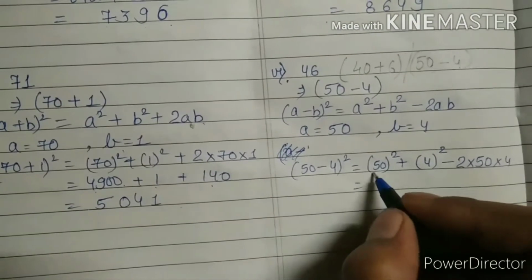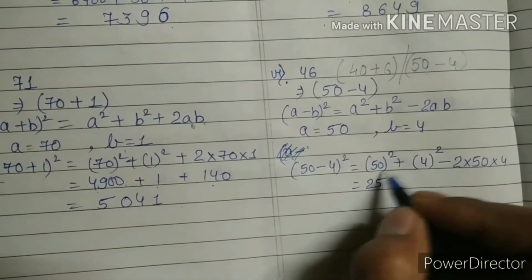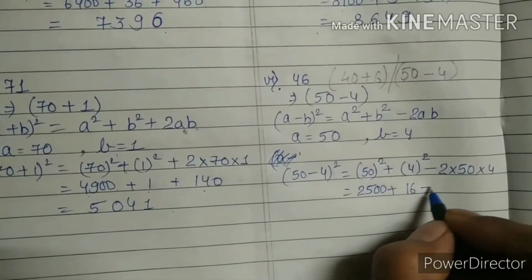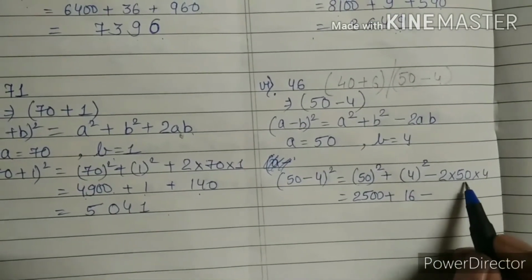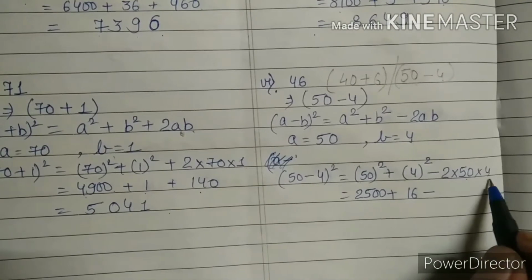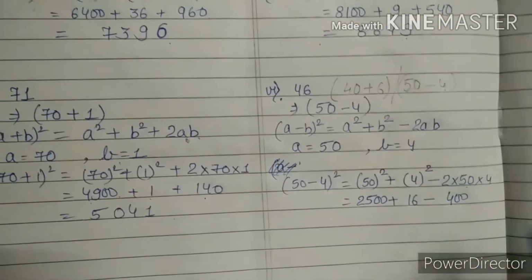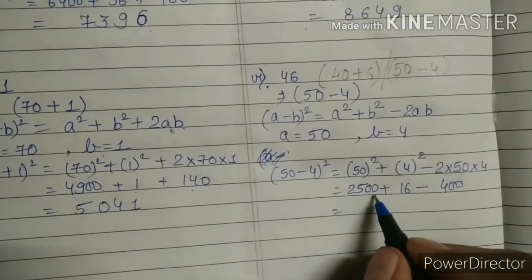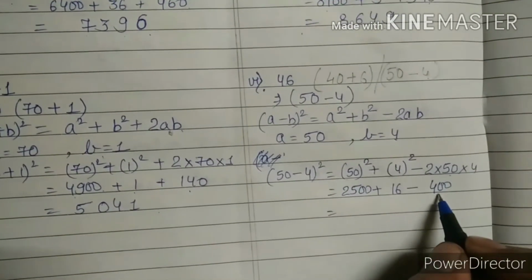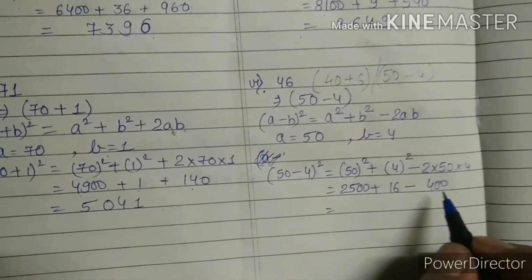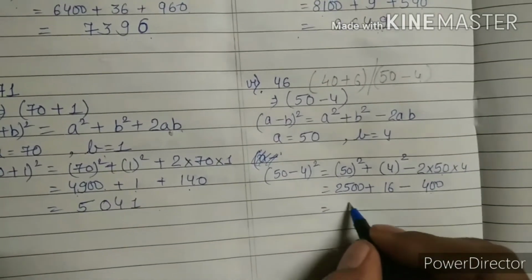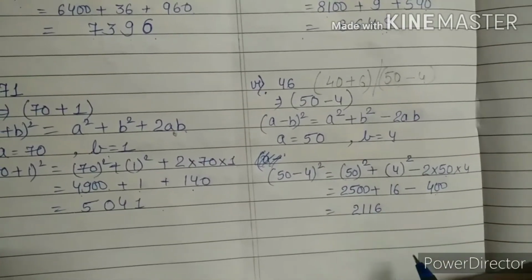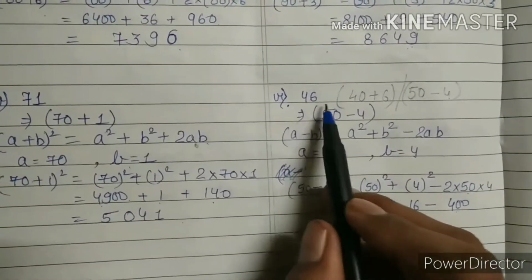For the 50 square, 5 square is 25 and 0 square is 00. 4 square is 16, minus 2 into 50 is 100, 100 into 4 is 400. Now here 2500 minus 400 is 2100, and 2100 plus 16 will give us 2116. 2116 is the square of 46.